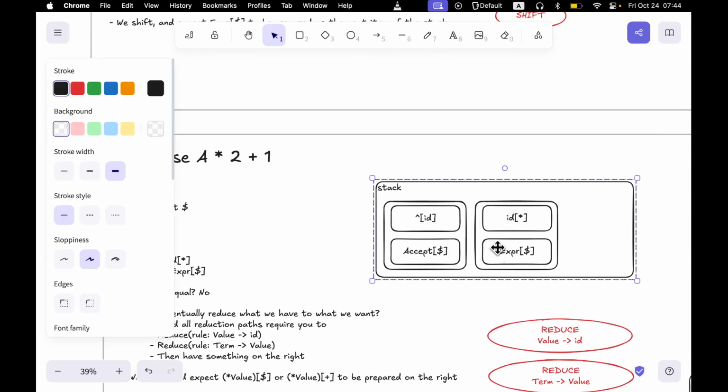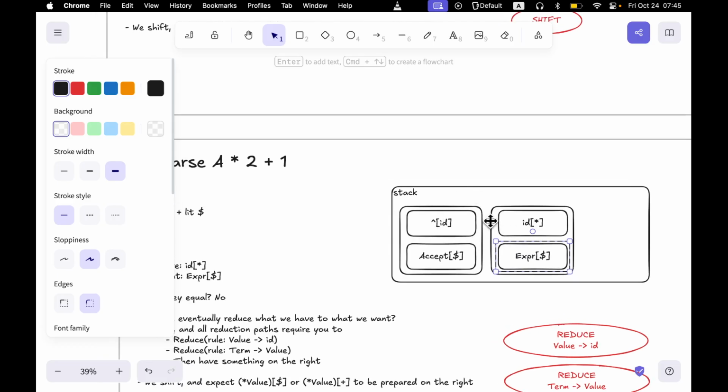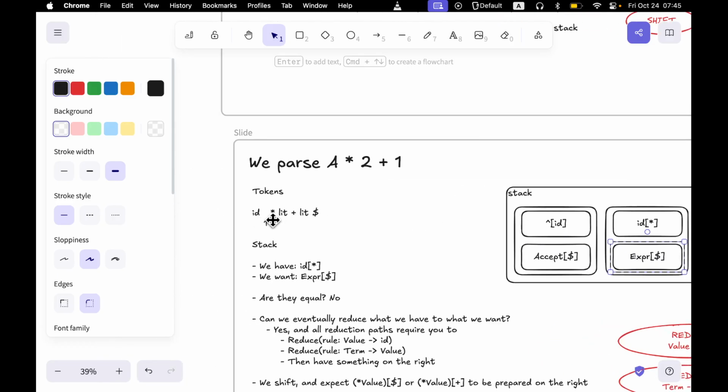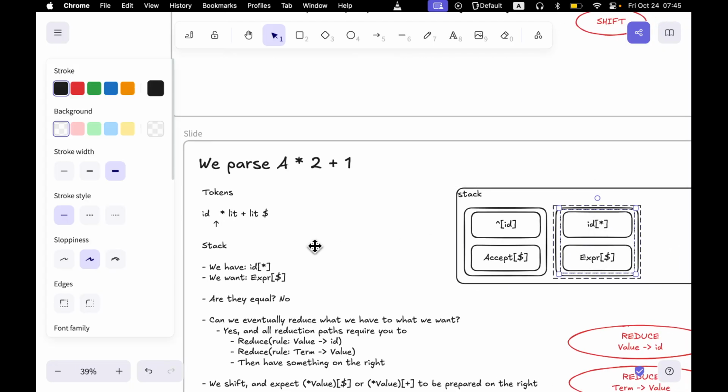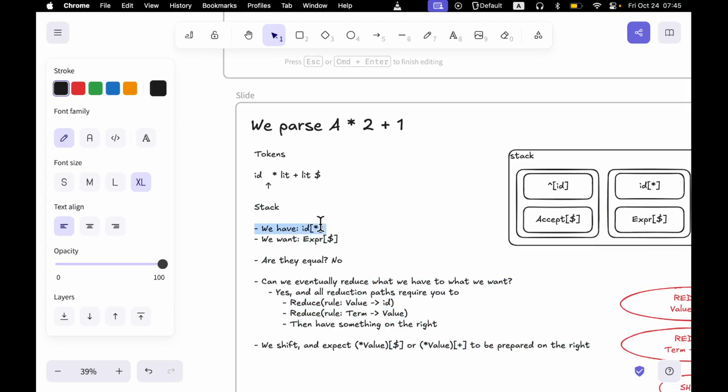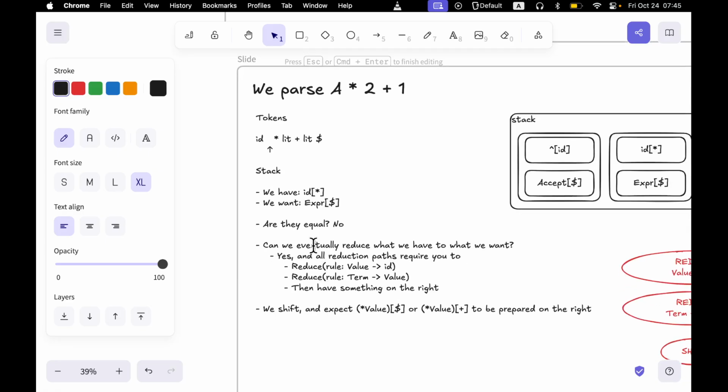Okay, so we want expression dollar to be the next item of the stack. When we shift, because the ID is shifted, this is what we have, and this is the look ahead. So the state we have is ID star, and we want an expression dollar. Are they equal? No. Can we eventually reduce ID star into an expression dollar?